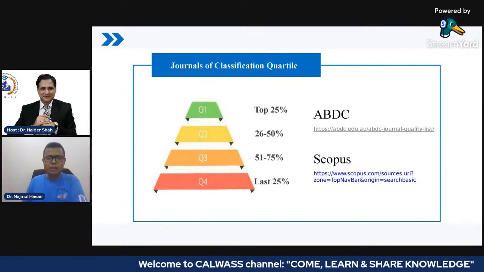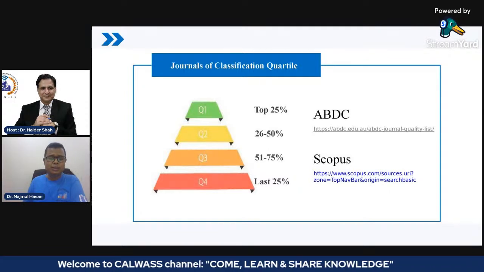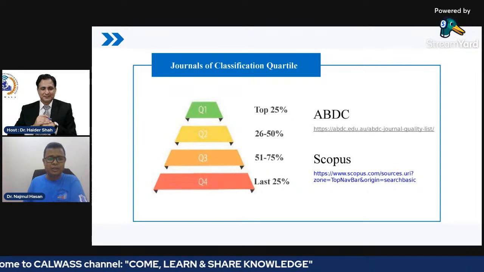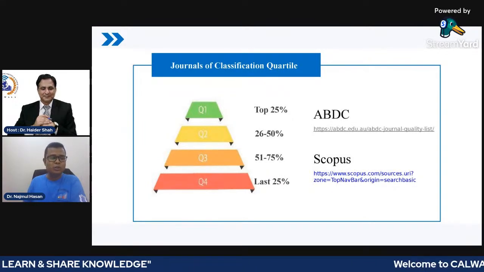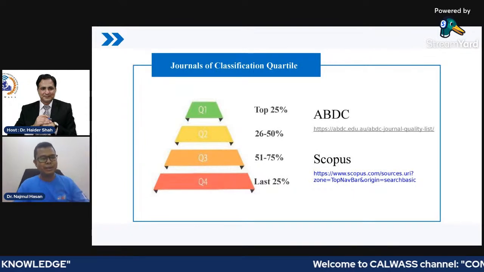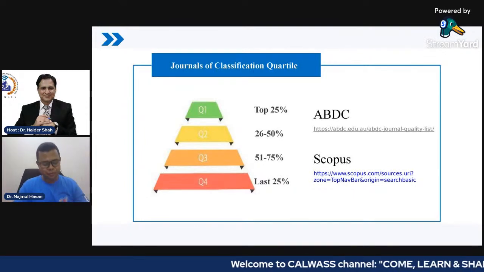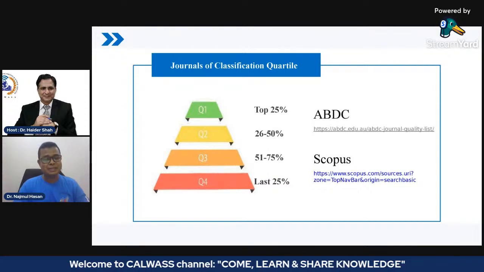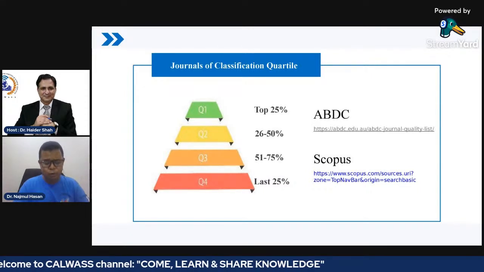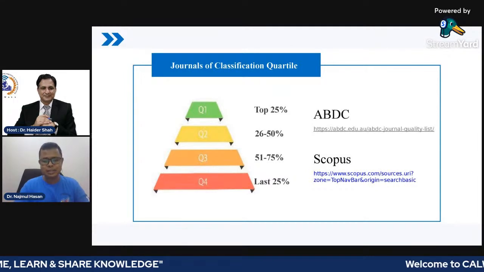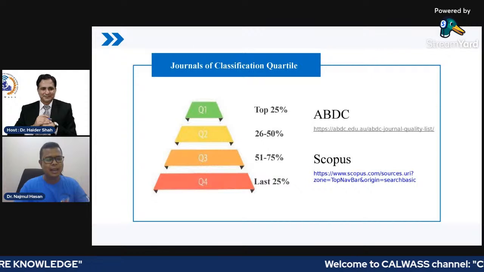On the other hand, if you go to the European Union countries, I mean the 27 countries, in Europe, in that case you need to follow the ABS ranking, right? Or if you are from the business domain, there is another ranking, that is the ABS ranking. So you will have lots of rankings, but we always talk about the JCR, ABDC, Scopus, and ABS.